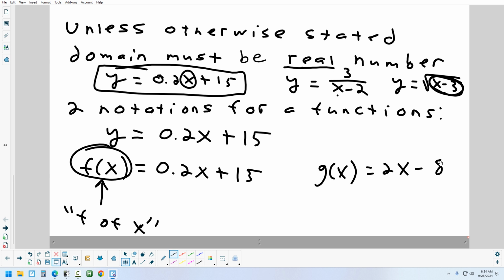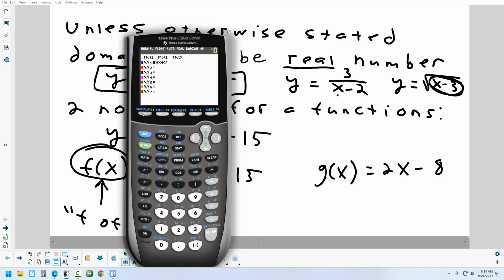It's more complicated for me to explain which one I'm talking about. So now I could say, put in f of x, put in g of x. So it gives us a way to differentiate when you have multiple equations. The graphing calculator doesn't do that. Okay, it does have a way to differentiate it. It uses these little subscripts, y1, y2, and so on.